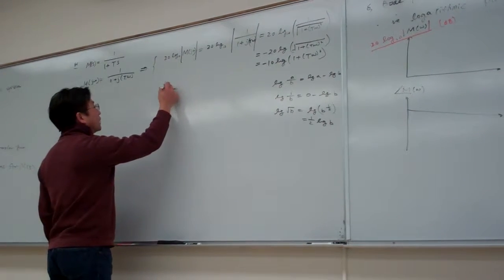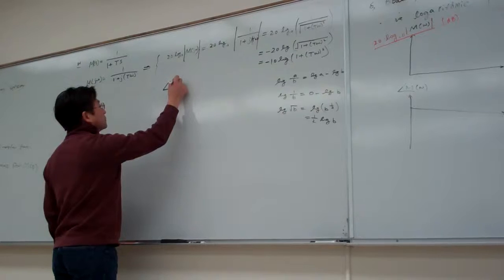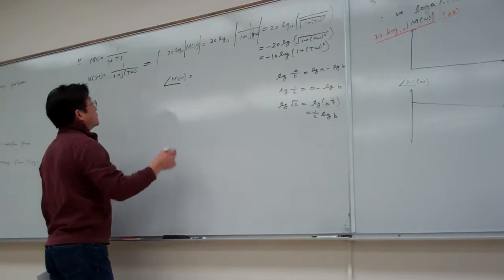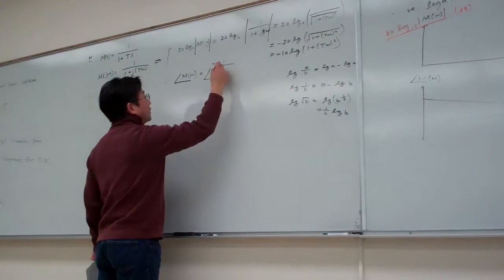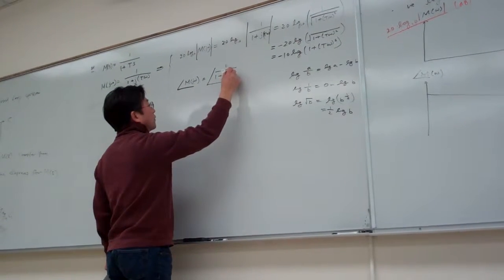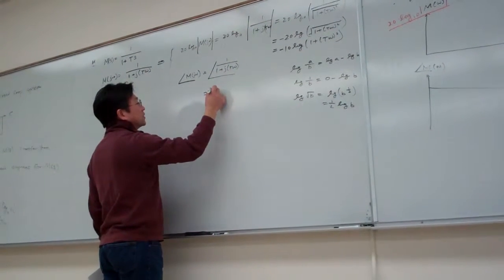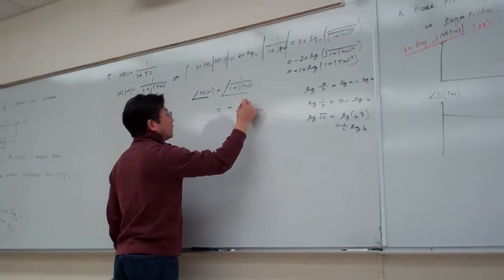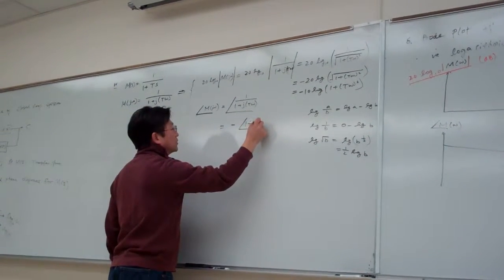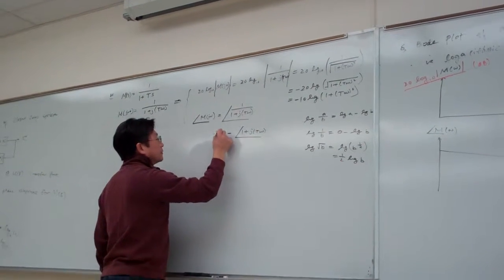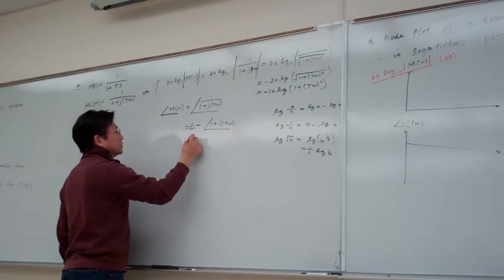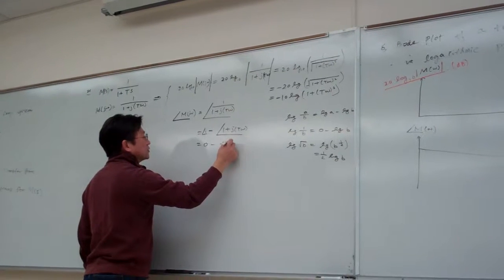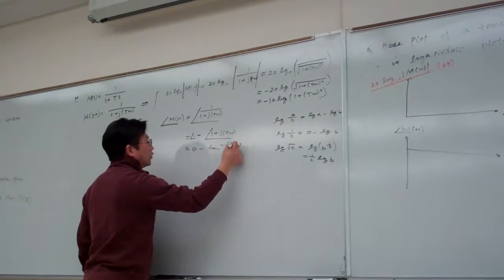Then we can calculate the phase. The phase again of this one, 1 over 1 plus jT omega, basically equals 0 degrees minus the phase of 1 plus jT omega. So 0 degrees minus arctangent of T omega over 1.